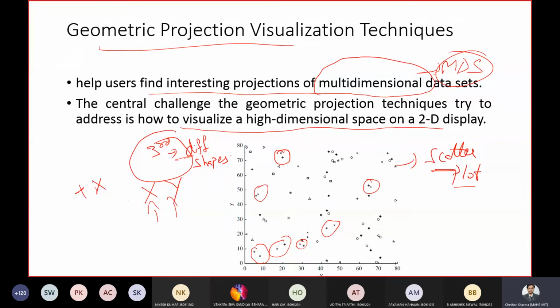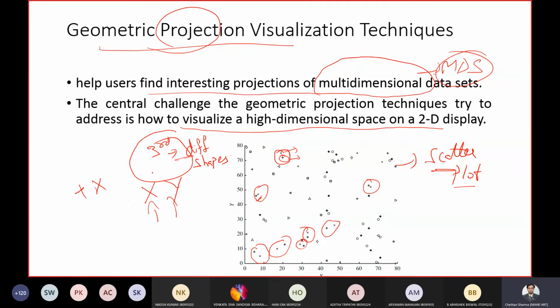If you assume this plus represents one item and the cross mark represents one more item, you can tell by looking at this projection that in most of the cases these two are co-located, which means there are chances that these two are bought together frequently, or maybe in a particular location these two are sold more. Some observation you can make. Basically these two tend to be co-located.